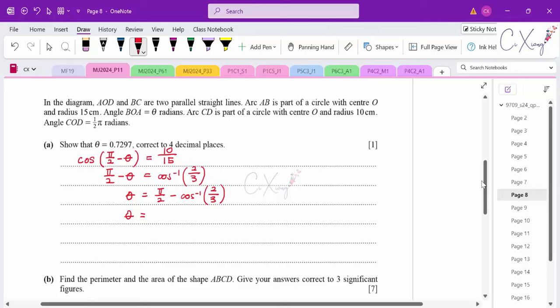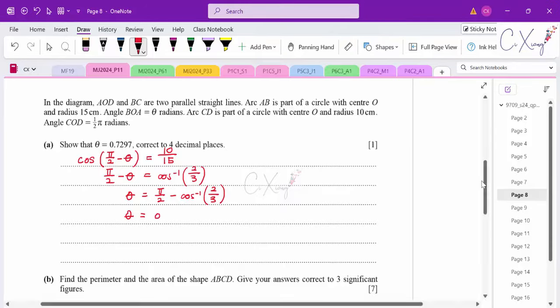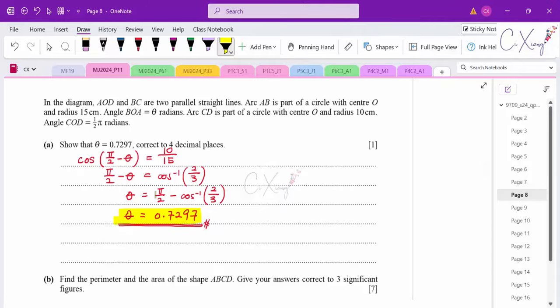You just press the calculator, making sure your calculator is in radian mode. By right, it should be no problem for you to get 0.7297, correct to 4 decimal places, like what they want us to show. So this is how we prove it.